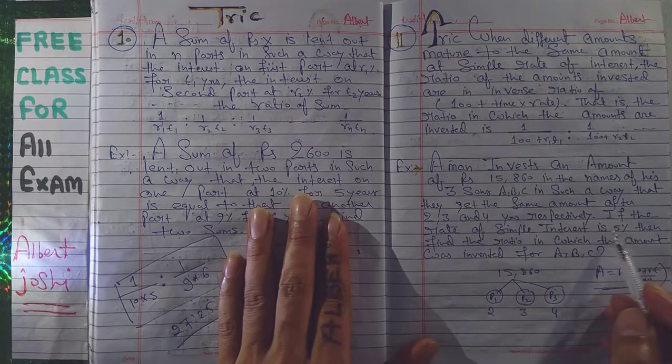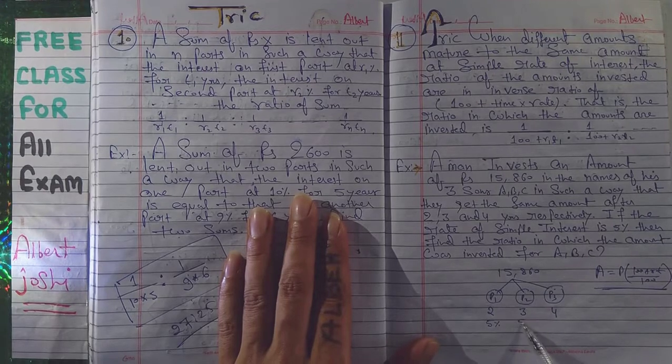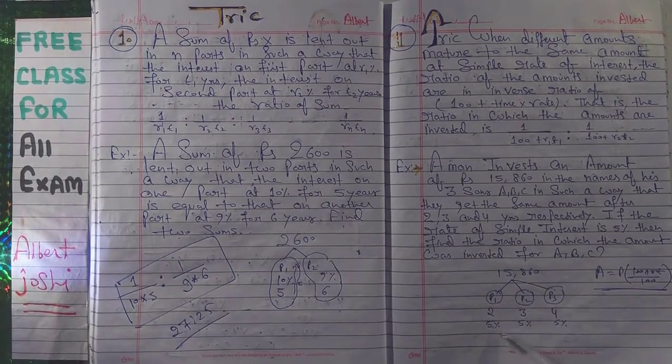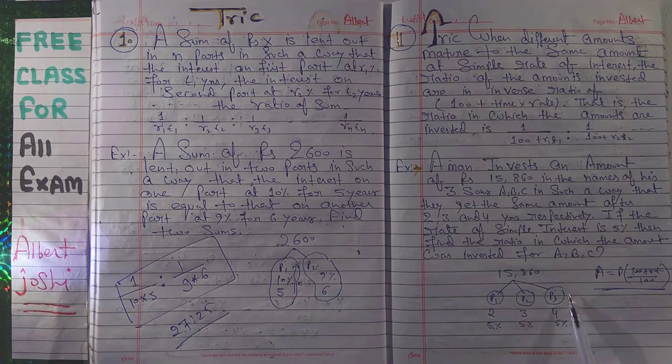And your interest is 5%, here also 5%, here also 5%. So P into R into T upon 100 for each. Amount is equal to this simple interest P into R into T upon 100 plus principal. This value, this value, this value must be the same.